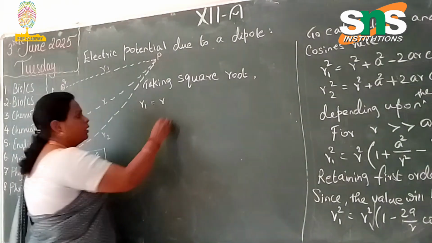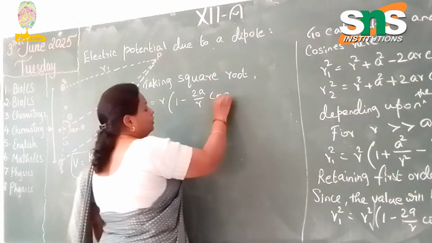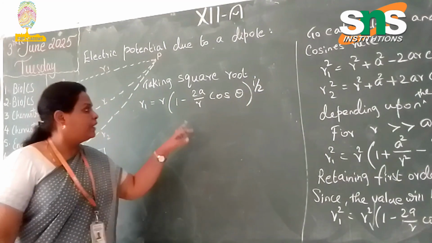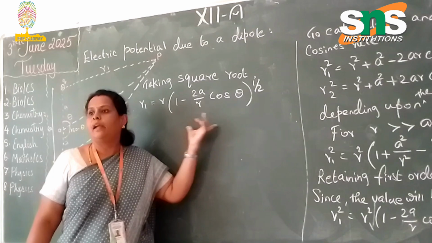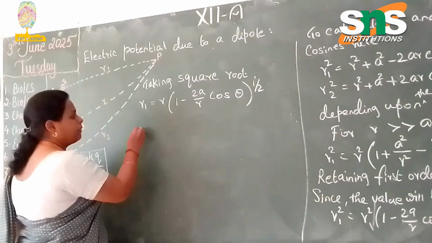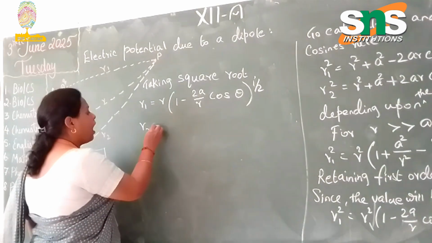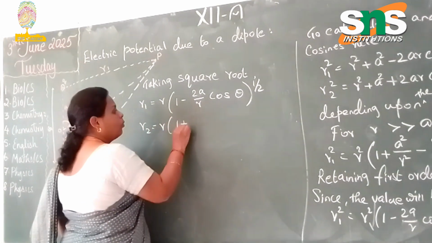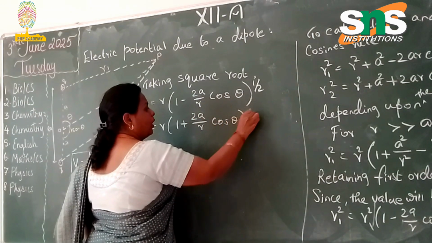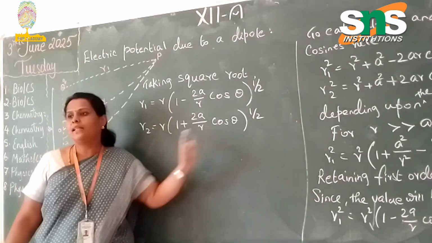Both are same. 1 minus 2A by R cos theta, power is 1 by 2. It means that we took square for this thing alone. The same thing I am writing for R2 square also. If I take square root, it will be R2 is equal to R into 1 plus 2A by R cos theta, power 1 by 2.